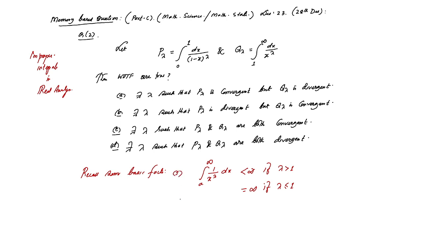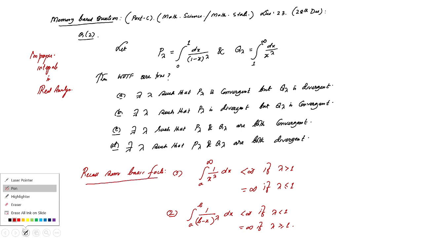That is the first fact. And the other improper integral, from a to b of 1 by (b minus x) to the power lambda dx, this integral is convergent if lambda is less than 1 and divergent if lambda is greater than or equal to 1. So just by memorizing these two simple facts, we can solve this problem easily.